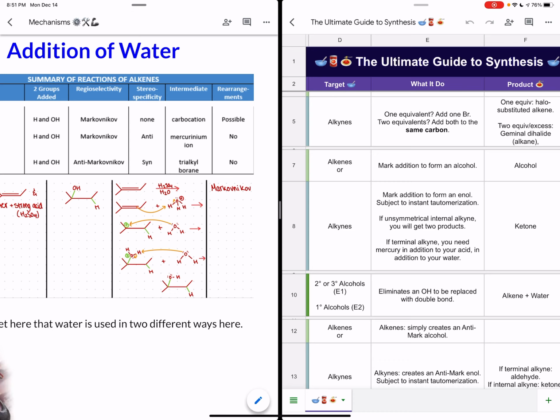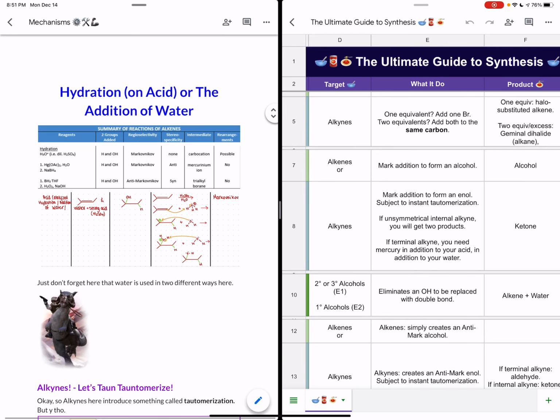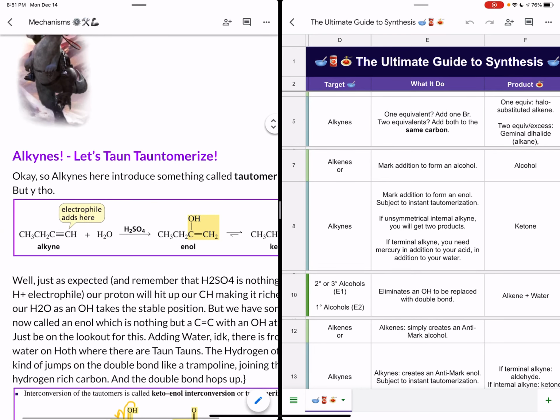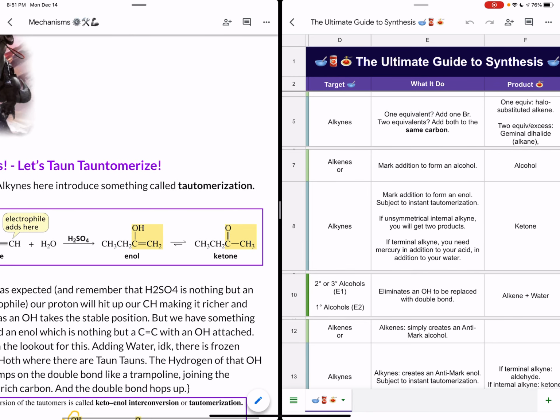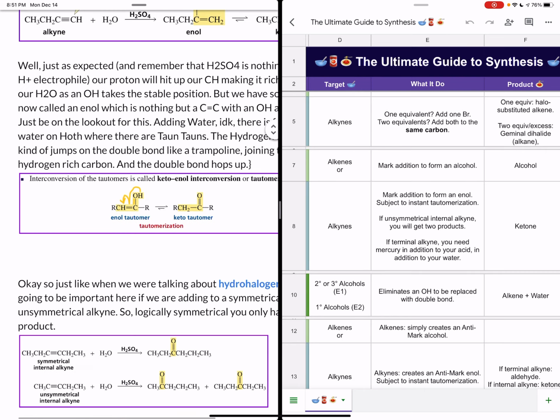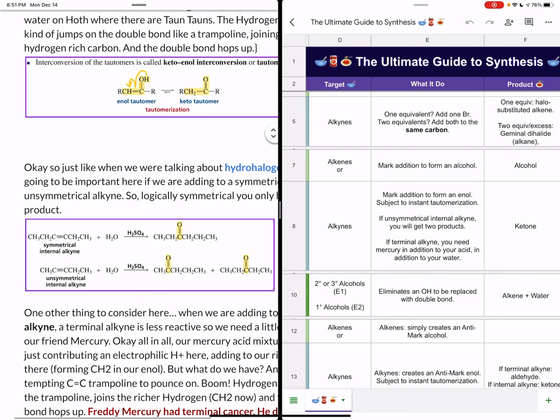If terminal alkyne, you need mercury in addition to your water. So this is what's happening with alkynes. You're going to get your OH, which will then tautomerize instantly into a ketone. Now, we'll get to hydroboration oxidation a little bit later. That's going to be a similar process, although it's anti-Markovnikov, so you are going to get an aldehyde for that, okay? Again, this is hydration.